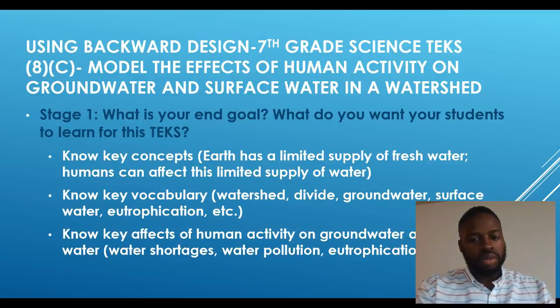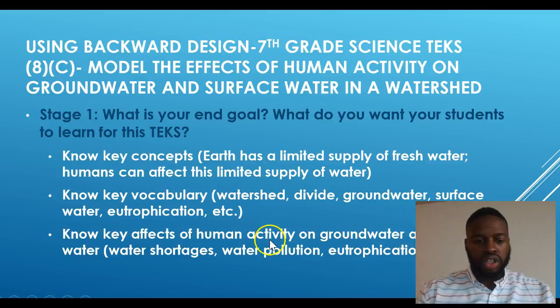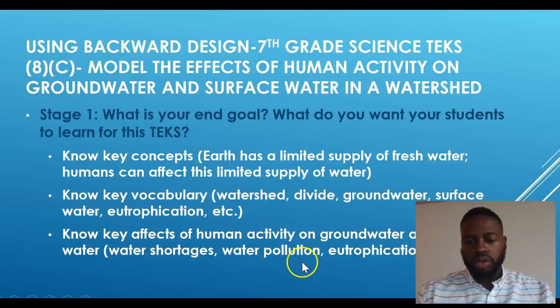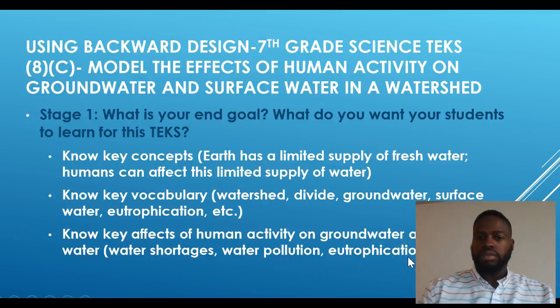Humans can affect this limited supply of water. Key vocabulary: watershed, divide, groundwater, surface water, eutrophication, etc. Key effects of human activity on groundwater and surface water: water shortages, water pollution, eutrophication.